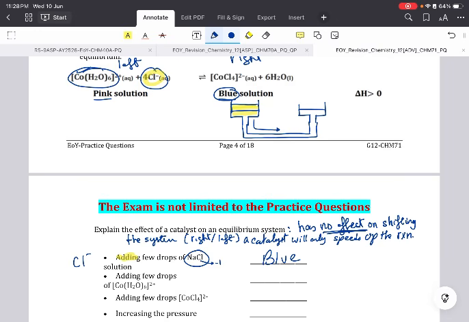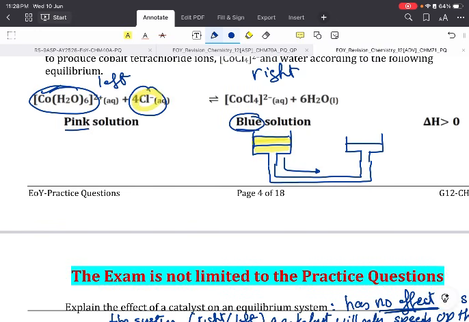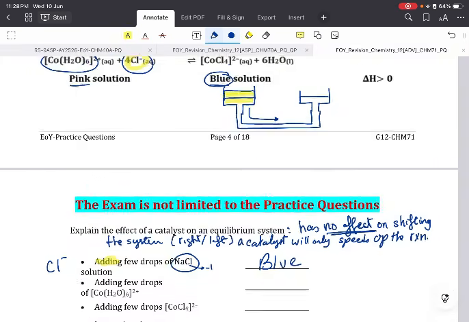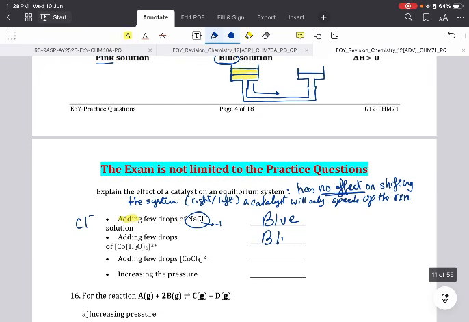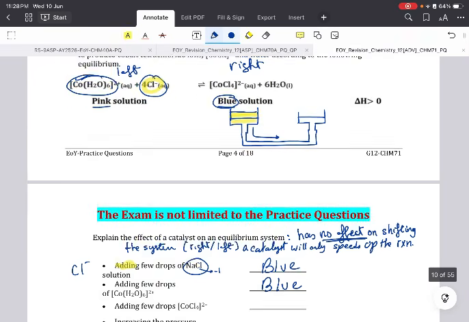So they are adding from this one. And again, Co(H2O)6 2+ is on the left side of the water tank. So again, as if I added more water on this side, the equilibrium is going to shift in the right direction to release the stress, or to cancel the stress. So again, you're going to say blue.